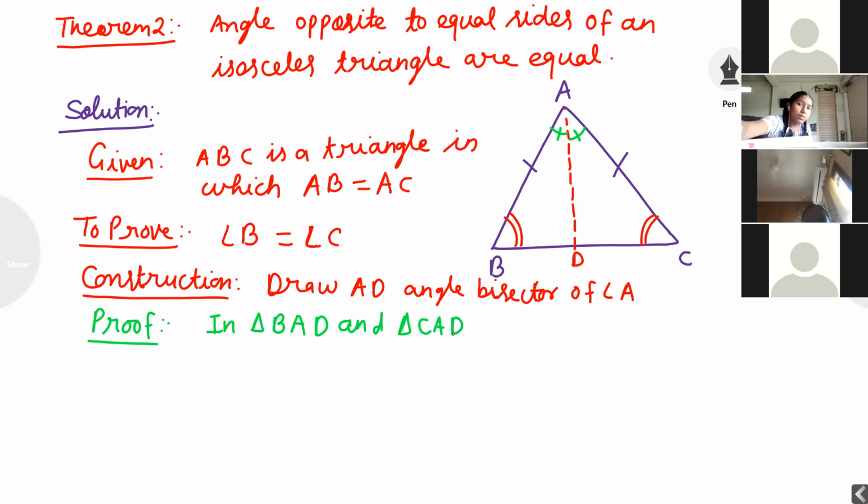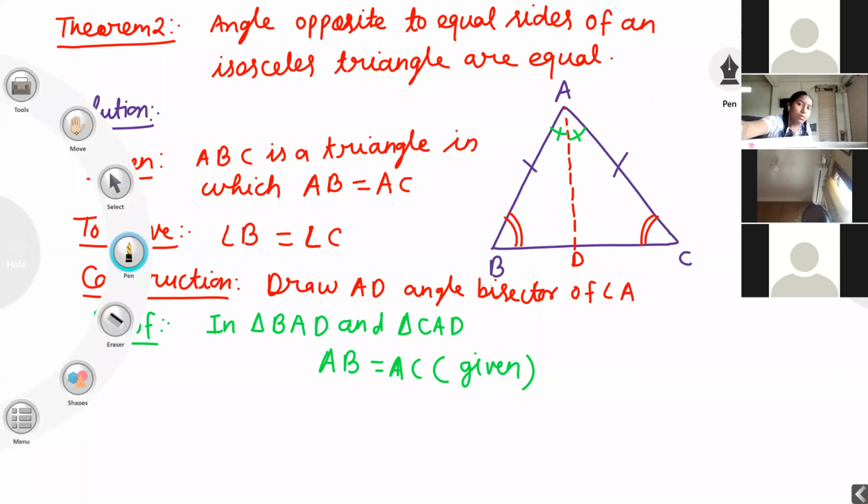Note down, AB is equal to AC. Already they have given it in the question. AB is equal to AC, given.